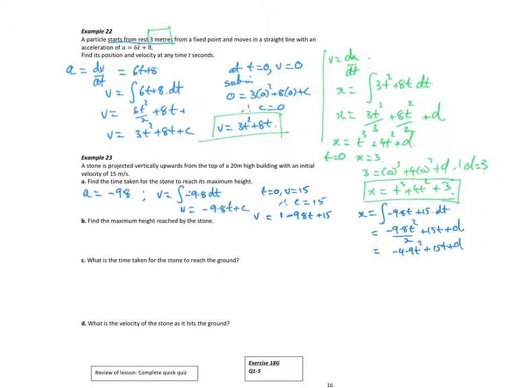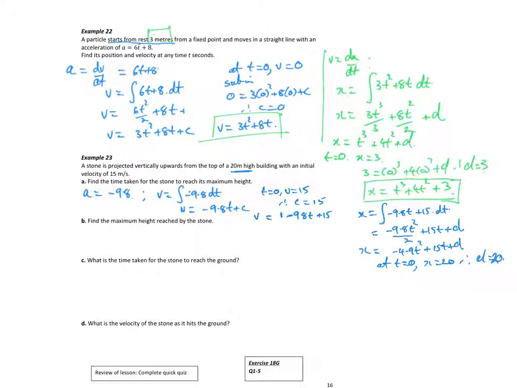So there's my position. And at t equal to 0, I actually am 20 metres in the air. I'm on top of the building. So at t equal to 0, my position is equal to 20. And again, if I put t equal to 0 in there, I'm going to get d equal to 20.